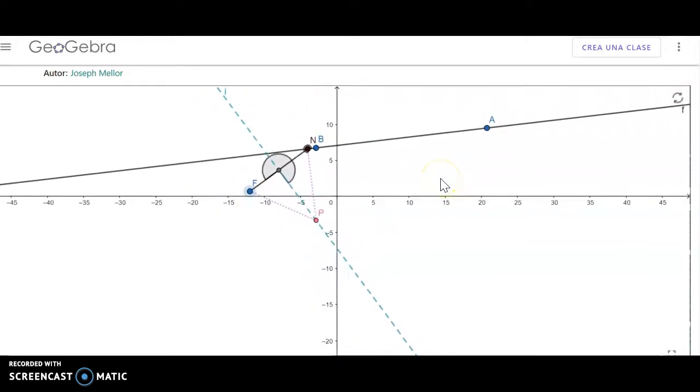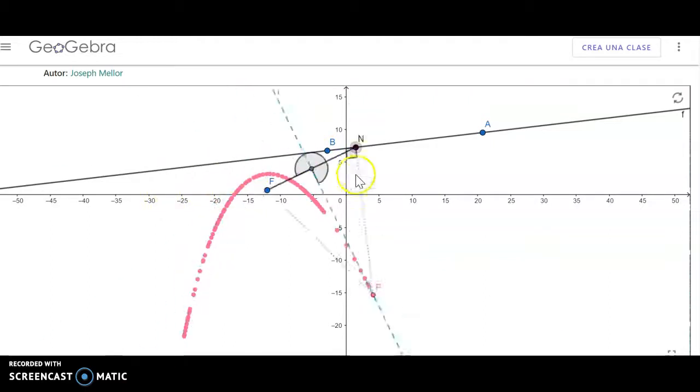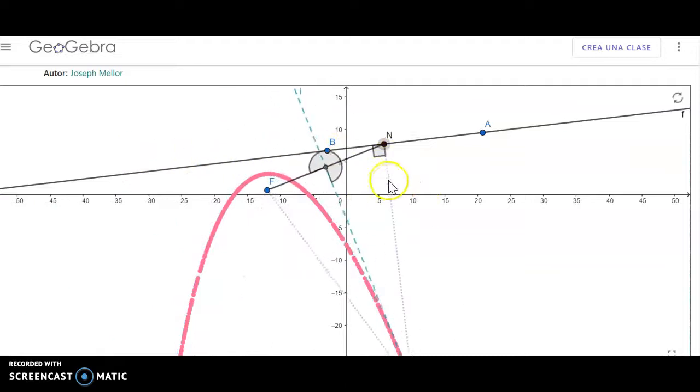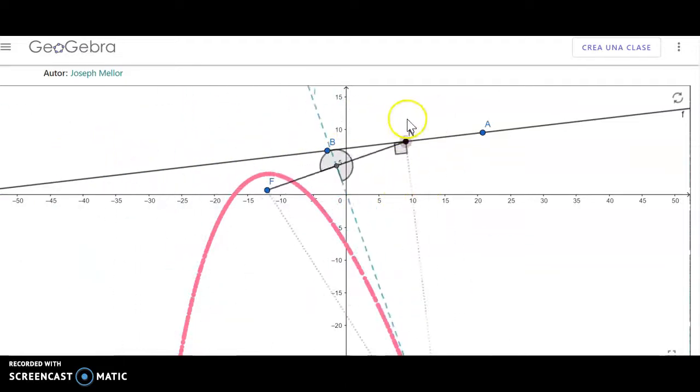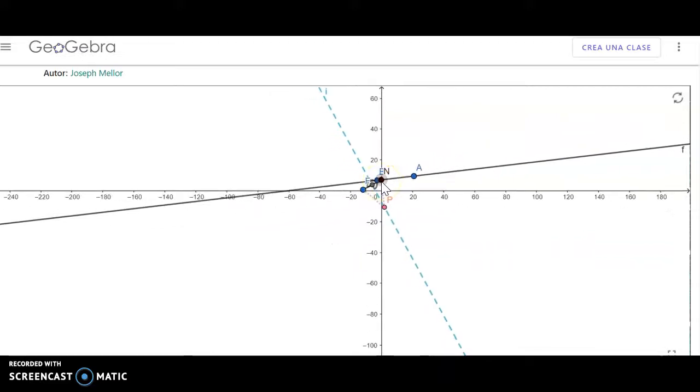Let's refresh that. Let's take point N and drag it. It's creating the same parabola, with a little tilt to the right. But as you can see, we still have the same concept every time.